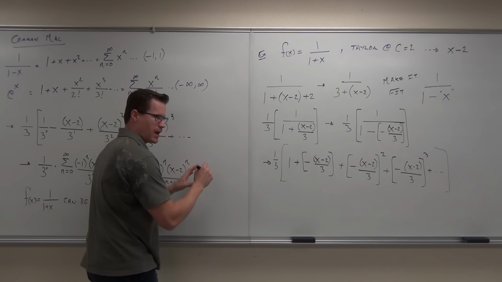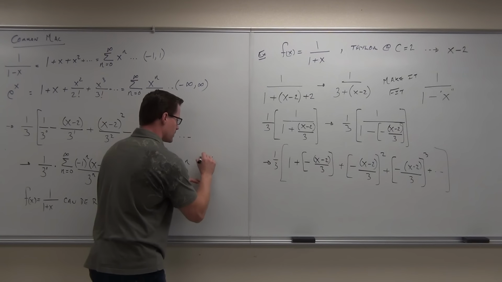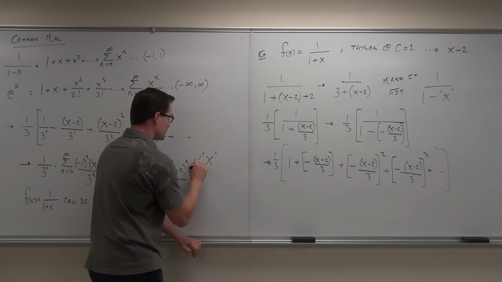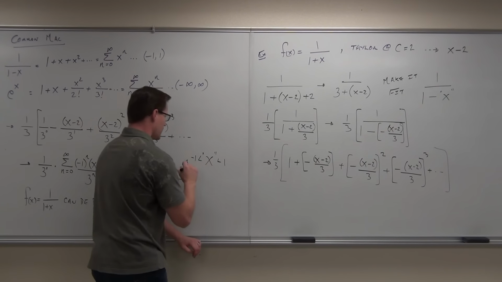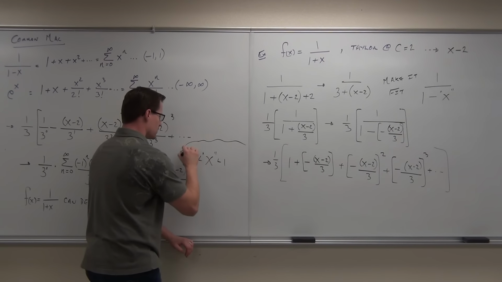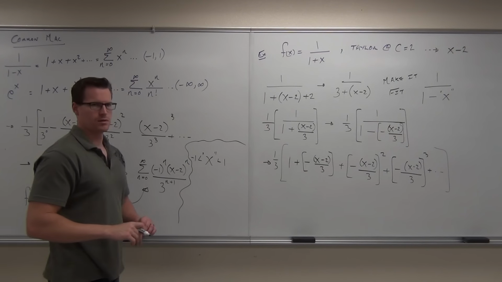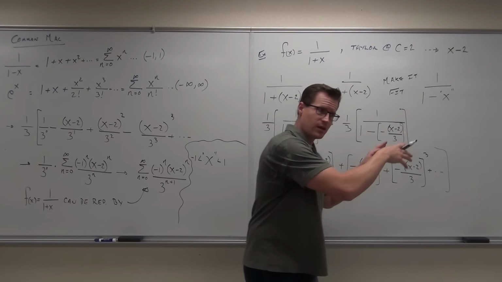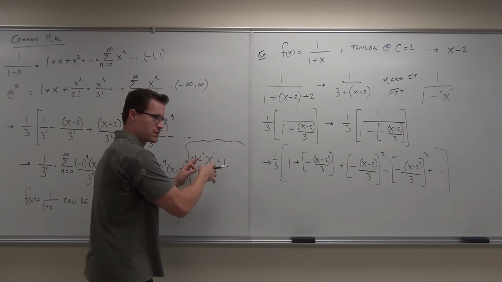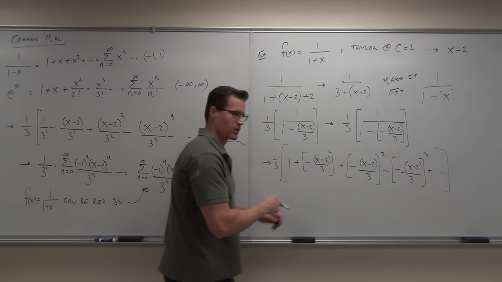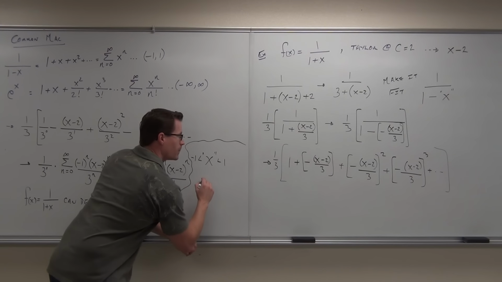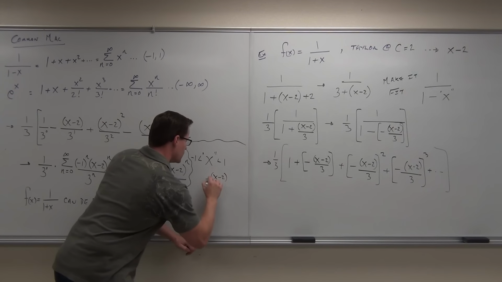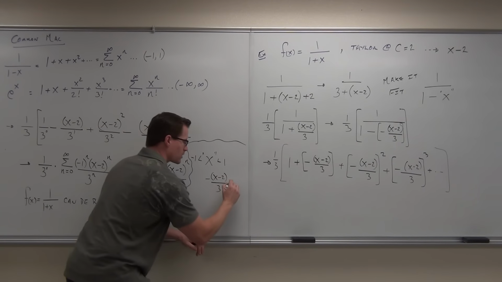Remember that your x works between -1 and 1. Do you follow? Okay. Just put your junk into where this junk is. So, what's your junk? Negative x minus 2 over 3. That's your junk.